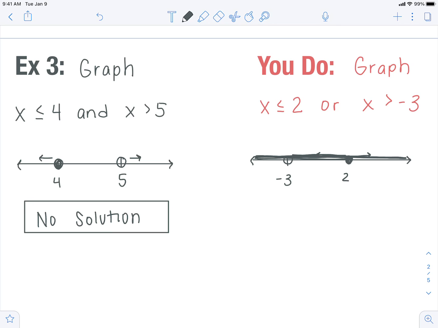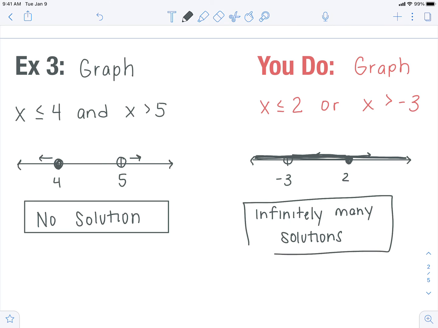So this has infinitely many solutions. I can shade everything there because it's an or and they're crisscrossing each other. They look like ands. So if it's an and and the graph looks like an or, it's no solution. But if it's an or with a graph of an and, then it's infinitely many solutions.